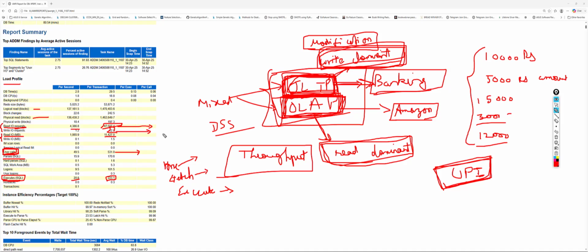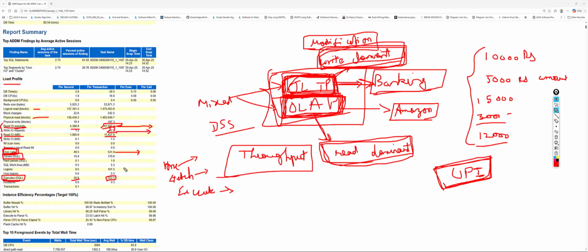Also, in OLAP systems the parsing will be very less, because in OLAP systems there will be a lot of reads, so obviously the SQL statements would be stored in the shared pool. So for less parse there will be a lot of executions.